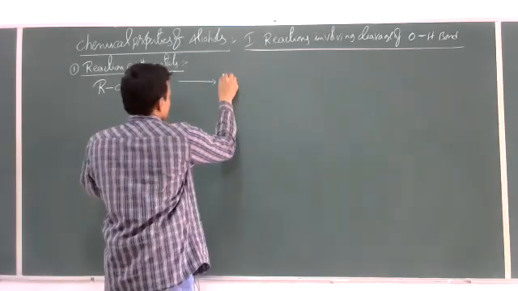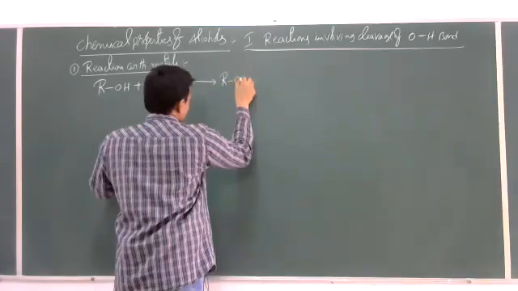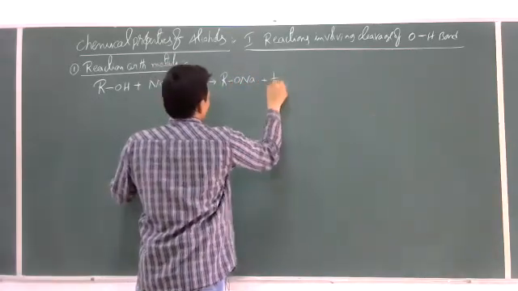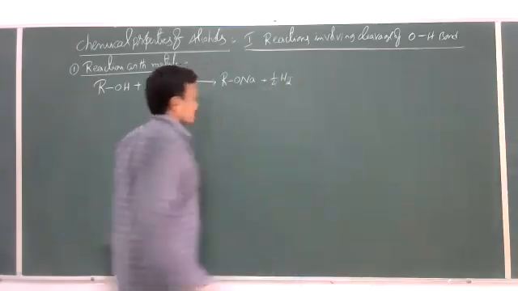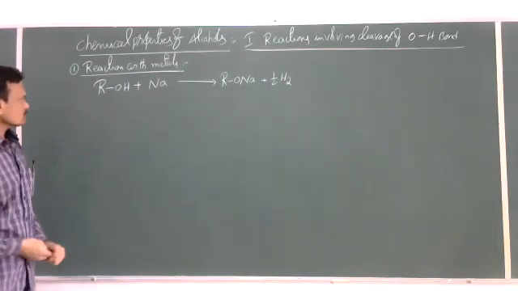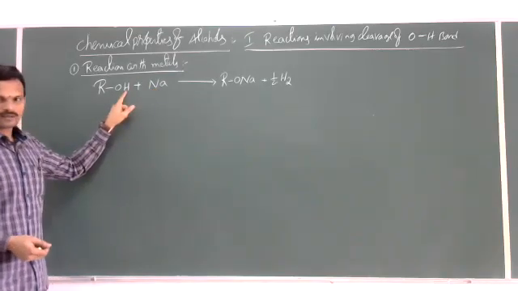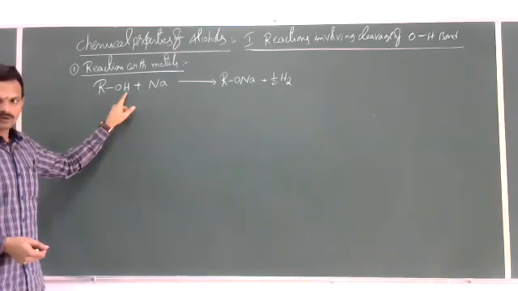Then you can get RONa plus half H2. Means here sodium metal displaces hydrogen.